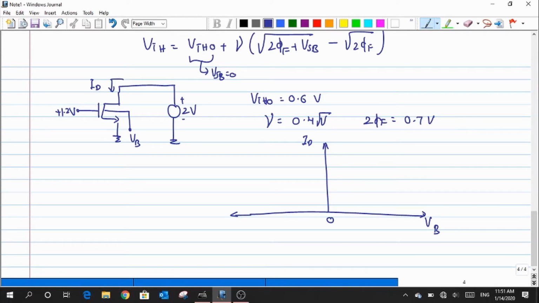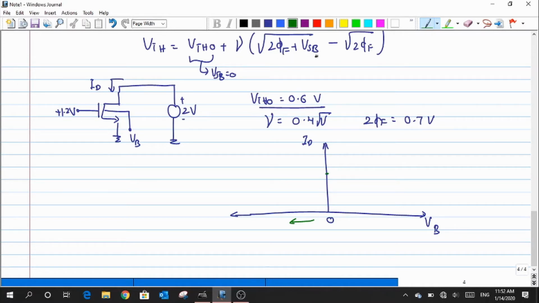Here the threshold voltage is 0.6, VGS is equal to 1.2 volts, and VDS has also been given. So will I have some current through the device? Yes, obviously. So let us fix this current somewhere here. This is the default current I have when the body is exactly at the potential of the source. Now what happens the moment I vary my VB towards the negative side?